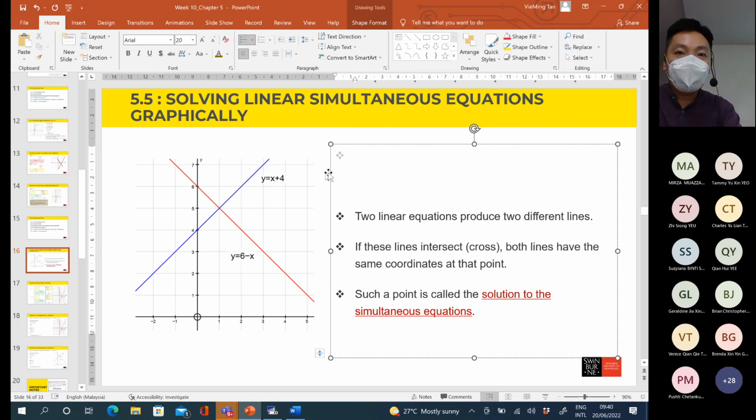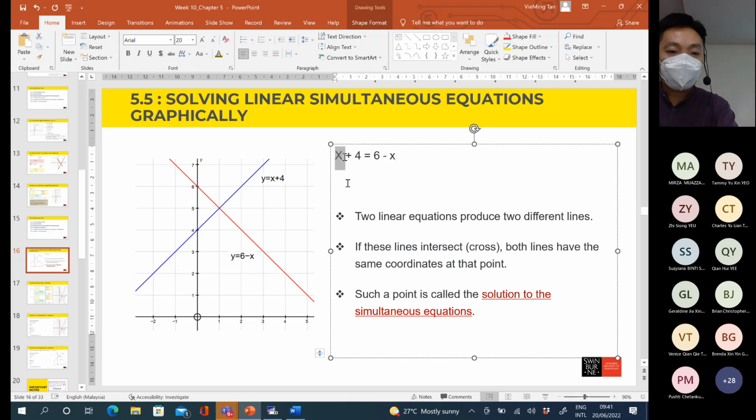So if that's the case, I can conclude x plus 4 is equal to 6 minus x.